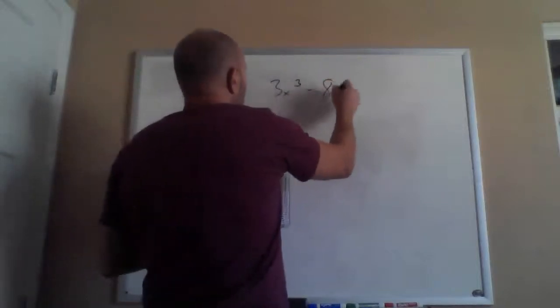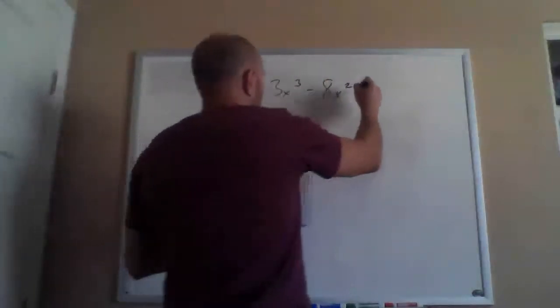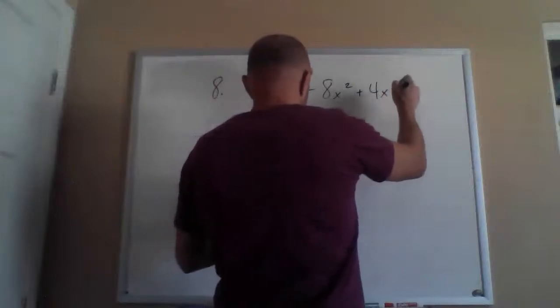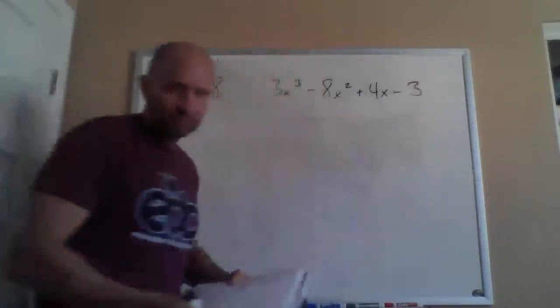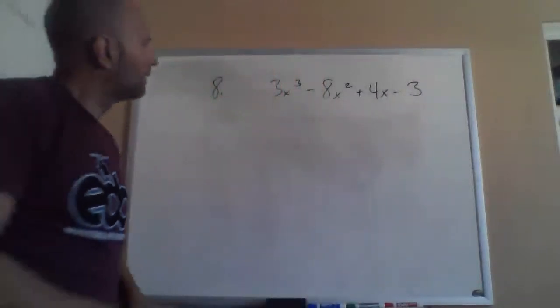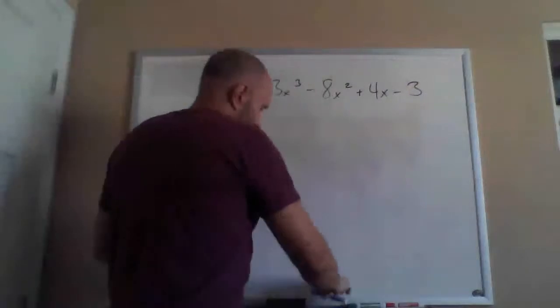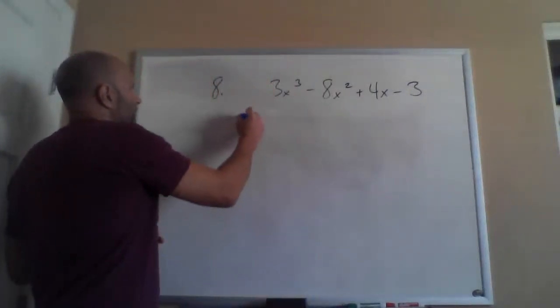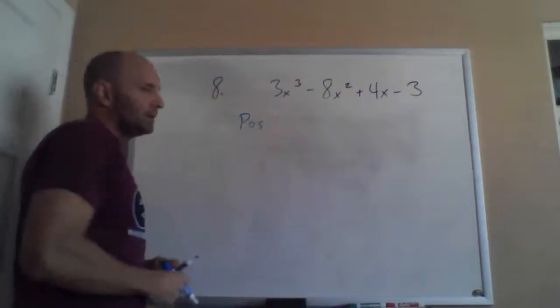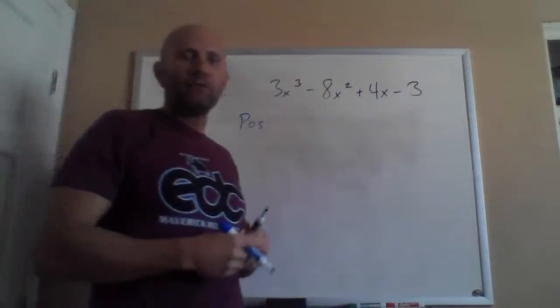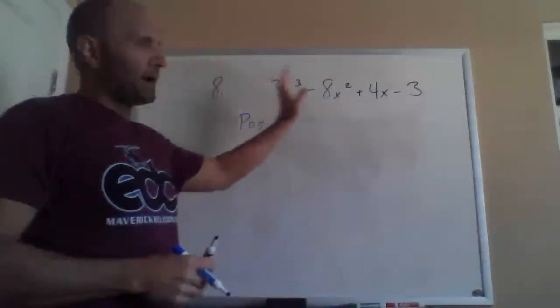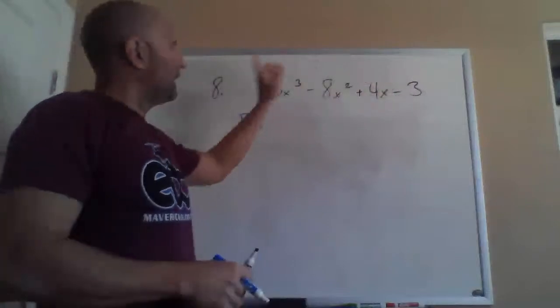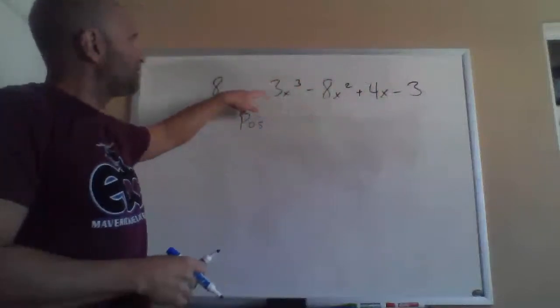All right, so number 8, we have 3x to the third minus 8x squared plus 4x minus 3. So, first thing it asks us is how many possible positive roots. So when we're looking for positive roots, we just leave the polynomial as it is and then count how many times the sign changes.